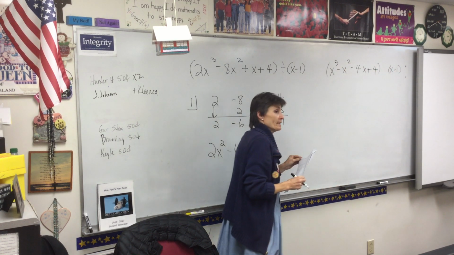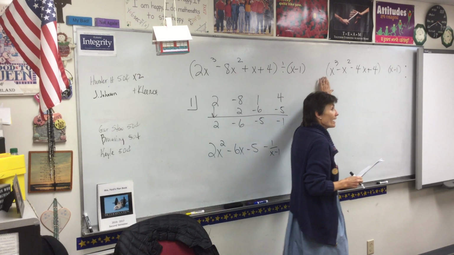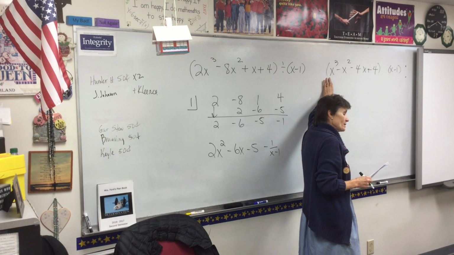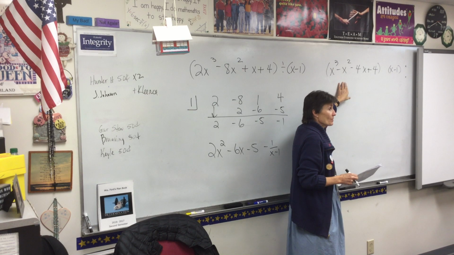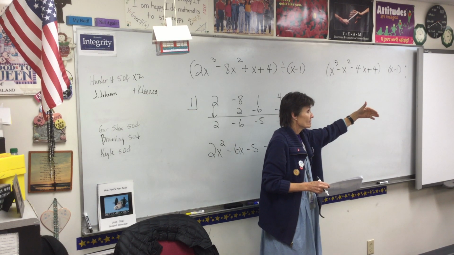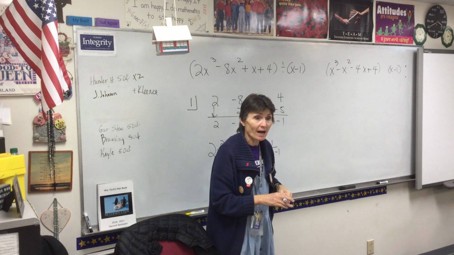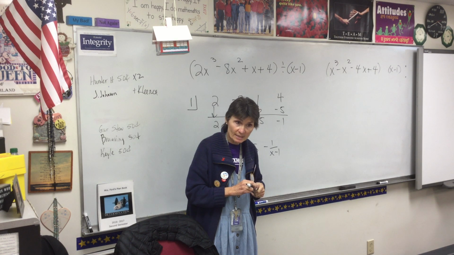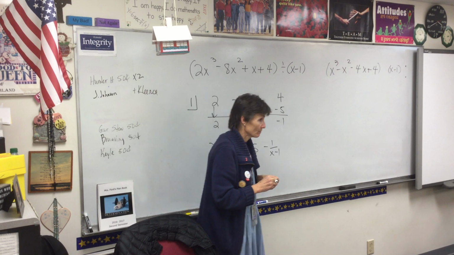The question is, is x minus 1 a factor of this? Well, the long way to do the problem would be to actually factor this out. The short way would be to simply divide. Because if you divide and get a remainder of 0, you know you have a factor, right?